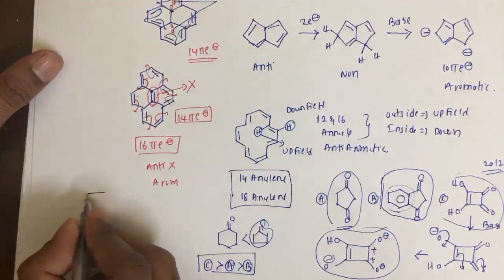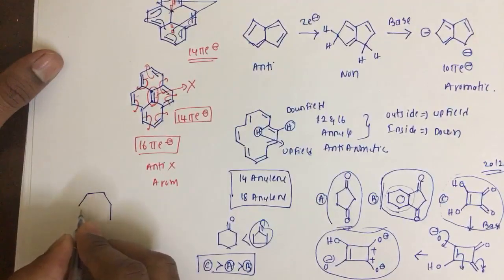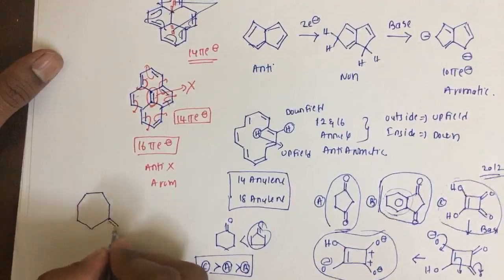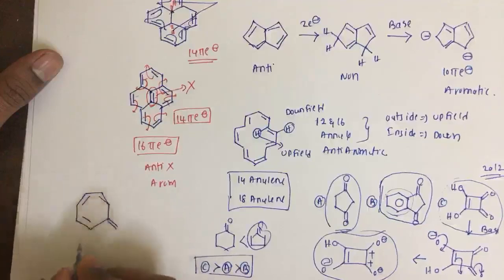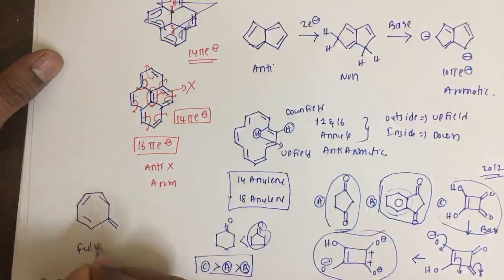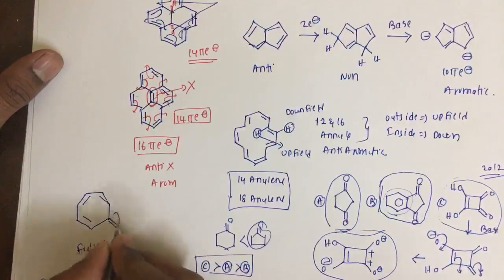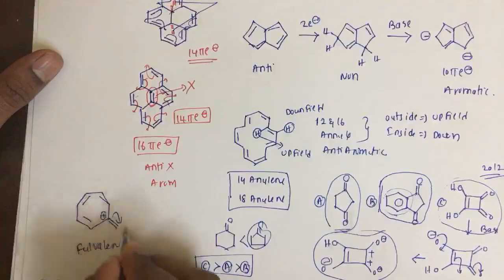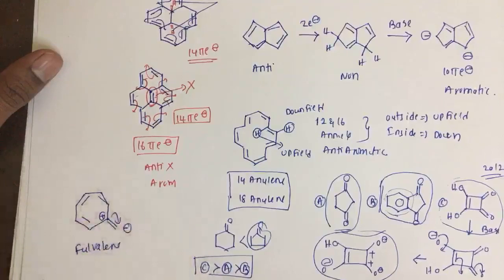And then we have this, called fulvalene. This also exists in this form. This will be plus and this will be minus. This is also aromatic.